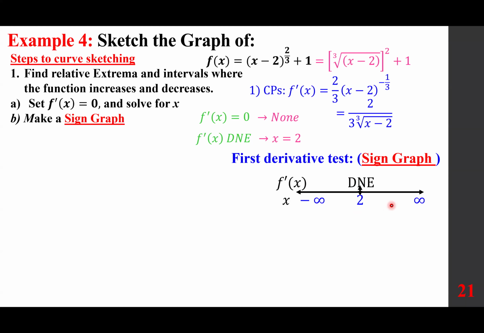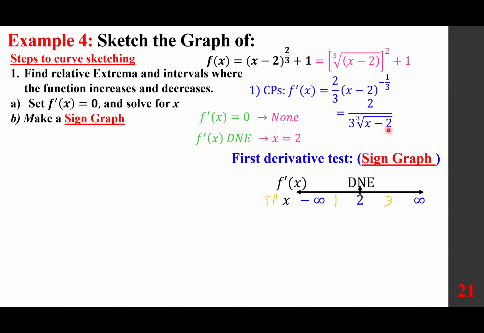You plug in numbers, easy test points, TPs. So over here would be like 1, over here would be like 3, and you put it into f prime of x, either this one or that one, doesn't matter. If I put the 1 here, I get negative 1.